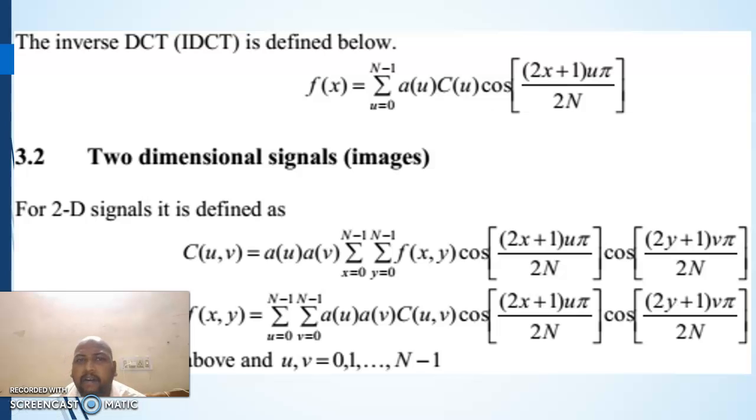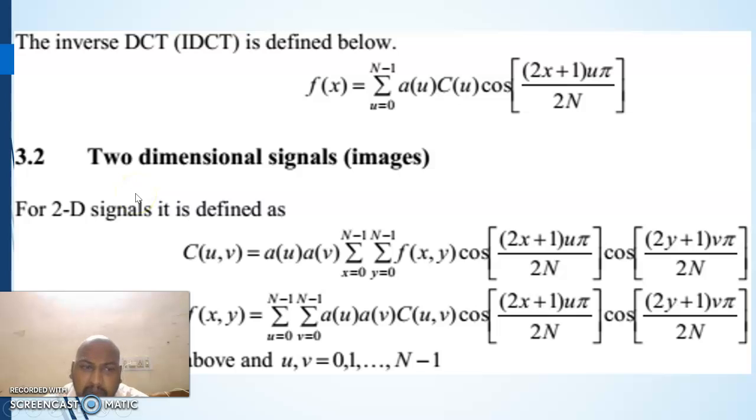Since the kernel is a real component, the same kernel function is used in both places, forward and inverse. This is the speciality of the discrete cosine transform: for both the forward and reverse transformation, the basis function is the same.